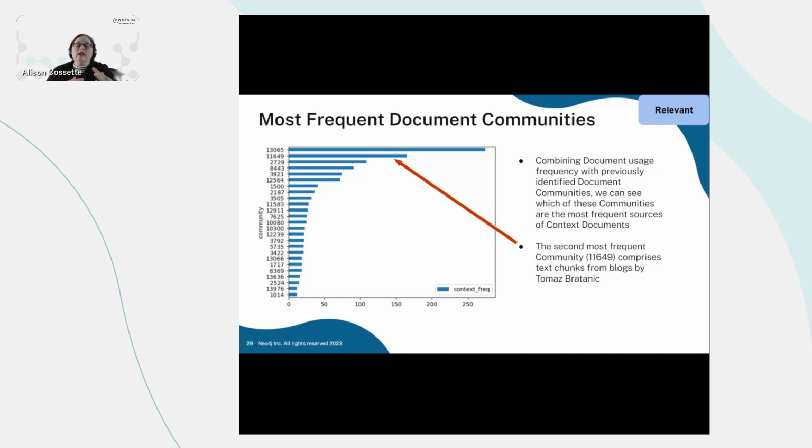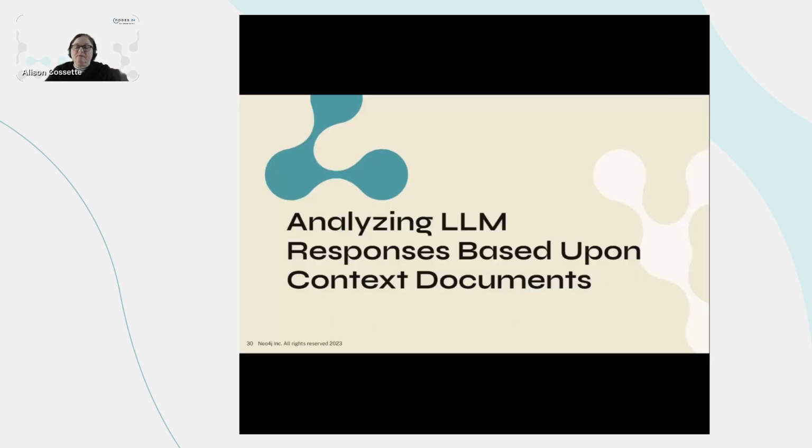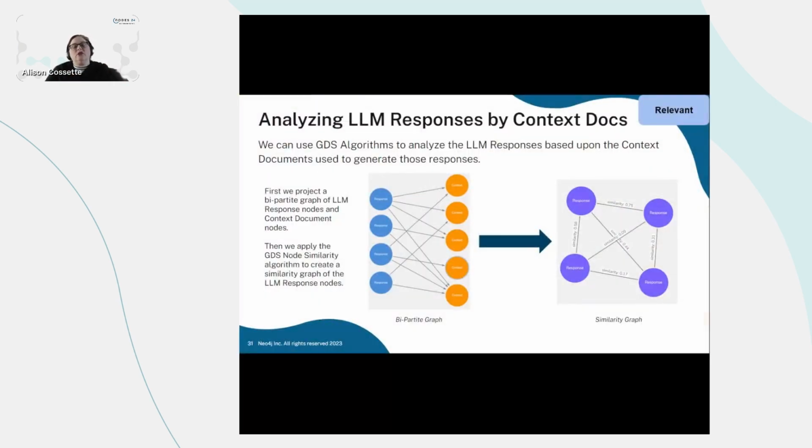So again, looking at not just the frequency of the document, but the frequency of the communities of documents can provide you with a lot of insight as to how people are using your application, what that looks like, and getting some deeper understanding. So when we look at these things, you can take it even a step further where you can actually take each of the messages and responses and start creating similarities among those.